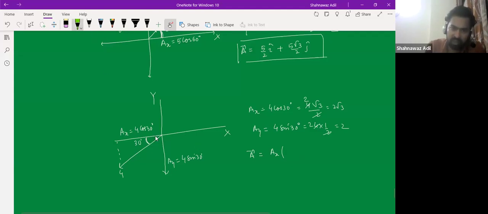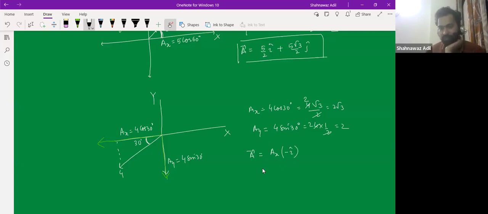We are only talking about x and y coordinates. The x component is always i, it can't be j. But you see that this is not in the right direction, this is in the left. So that would be minus i.